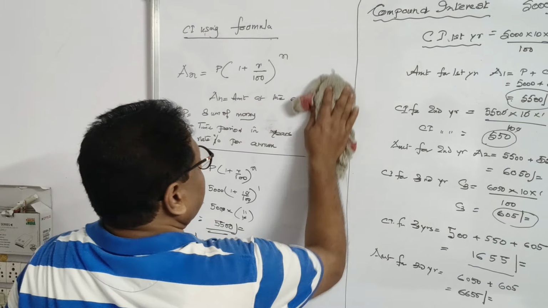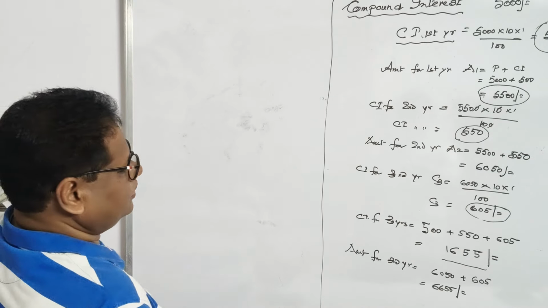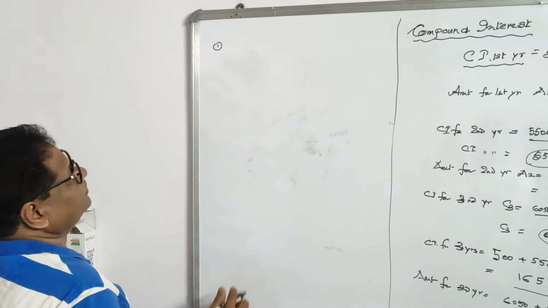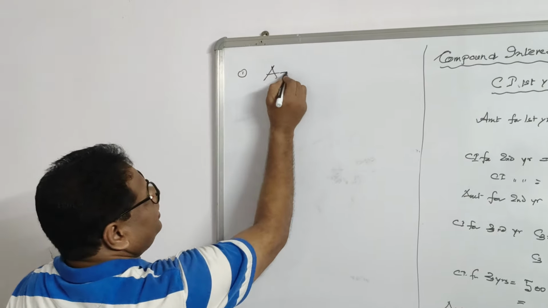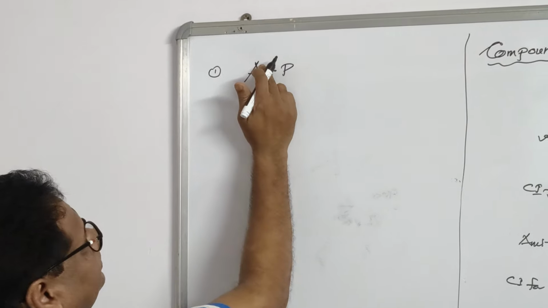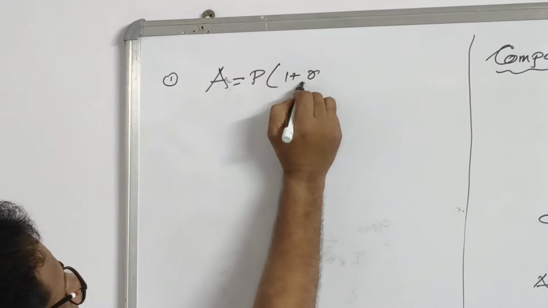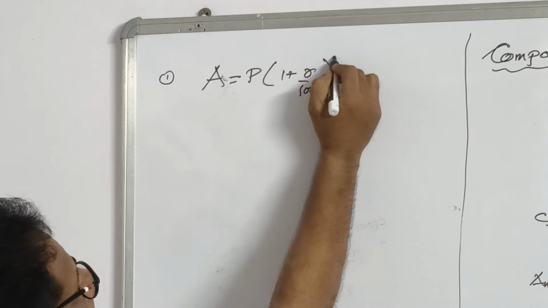Now there are special cases here. The standard formula to calculate the amount is principal into 1 plus r by 100 to the power n.